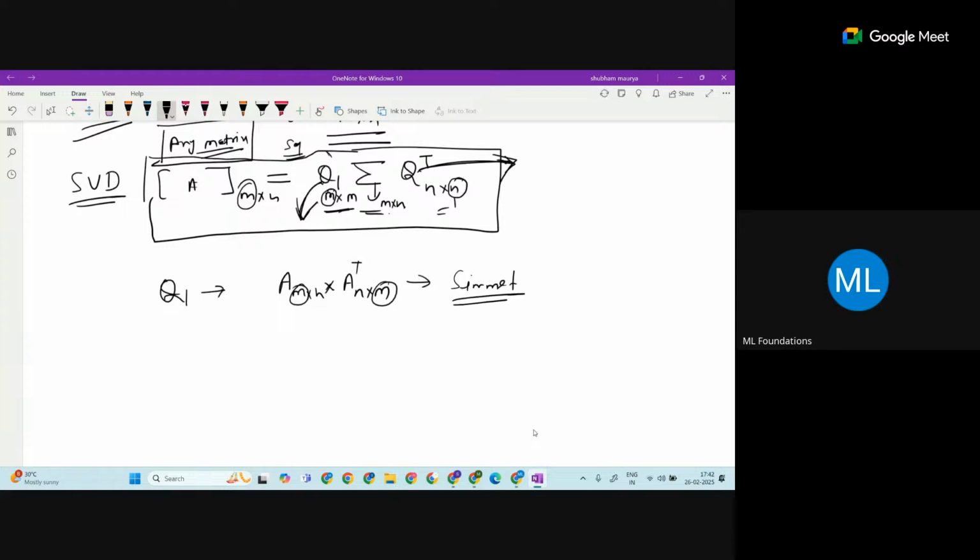So you can easily find orthogonal eigenvectors for this matrix. So find the eigenvectors.